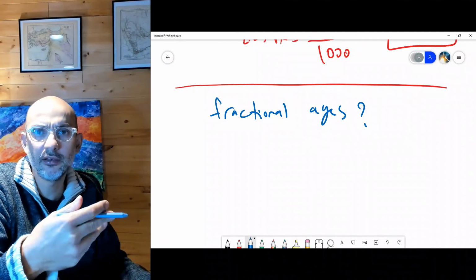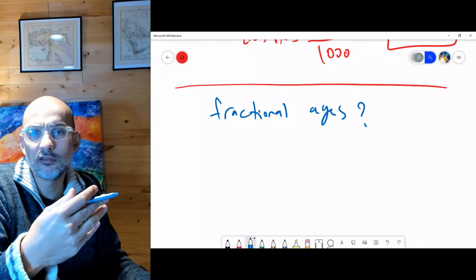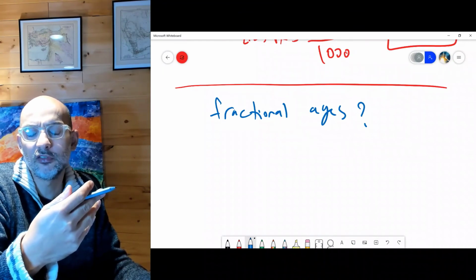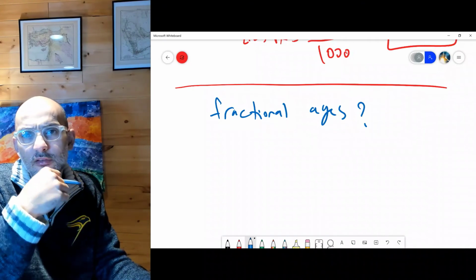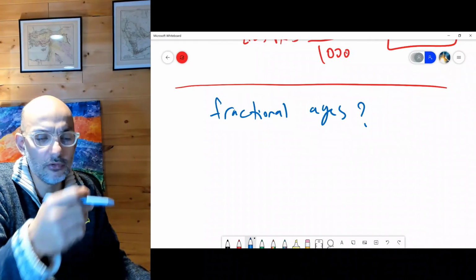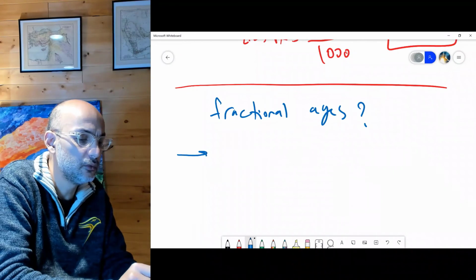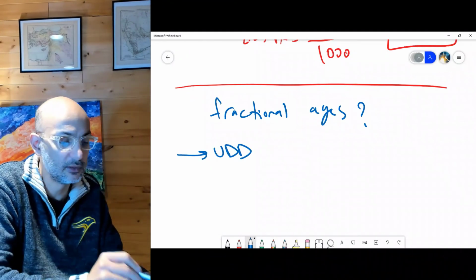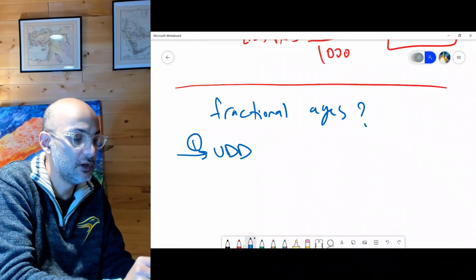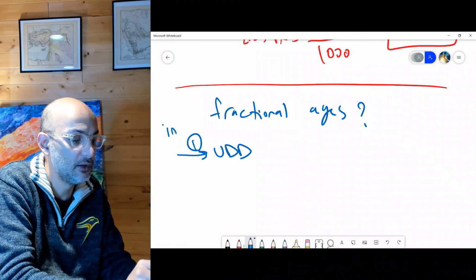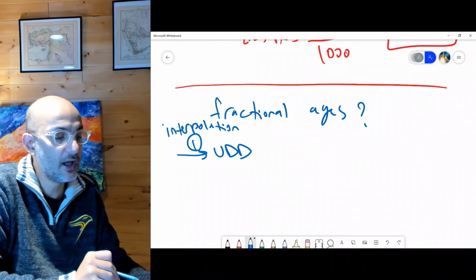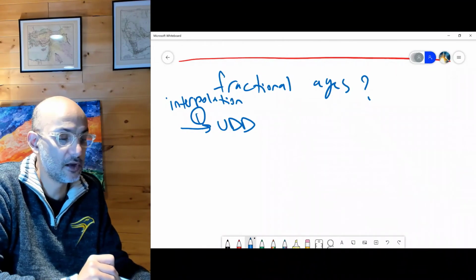So what if you are asked a question, instead of age 60, for age 60.3? It's not in the life table. So how can you go about it? We said we use uniform distribution of death, exactly what we did. This is one. So for fractional ages, we do interpolation.